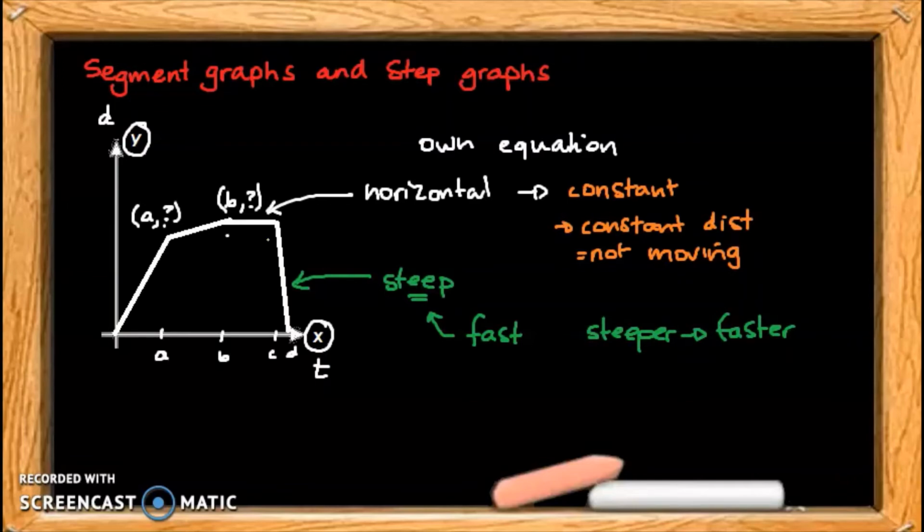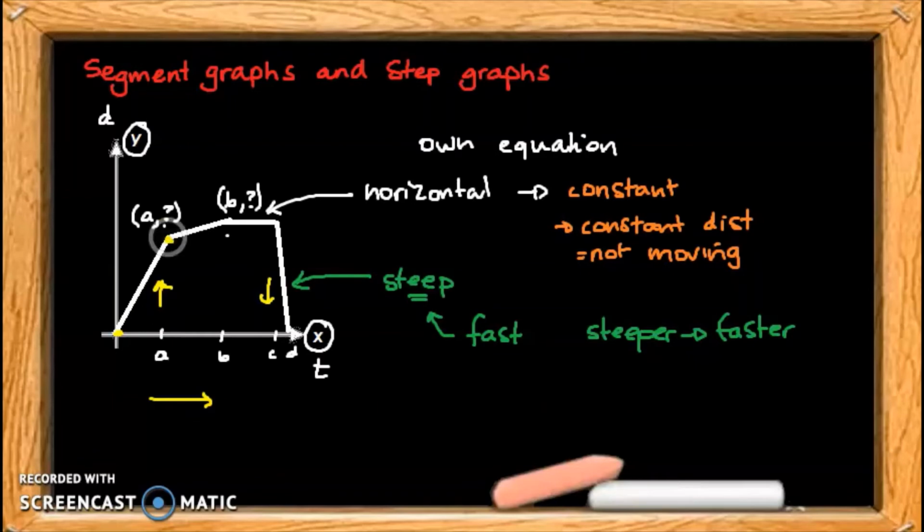And finally, you might want to keep in mind that if something is going up, then it's moving in one direction, and if it's coming back down, then it's moving in the other direction, as we read the graph from left to right. So this graph might represent the movement of an object that leaves a certain place, let's call it the base, and travels at a relatively fast speed away.